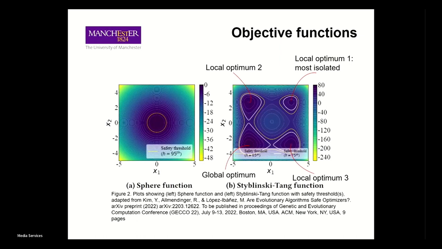The lines inside the circle are safe regions. There is an isolated local optimum regardless of the level of h. There are two local optima which are not isolated if the safety threshold is low, but isolated if it is high. In scenario 1, we only sample the initial safe seeds from local optimum 1. In scenario 2, from either local optimum 2 or 3. In scenario 3, from both, which changes the difficulty of the problem.